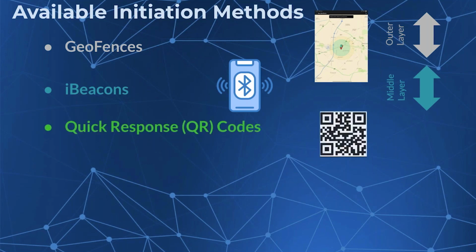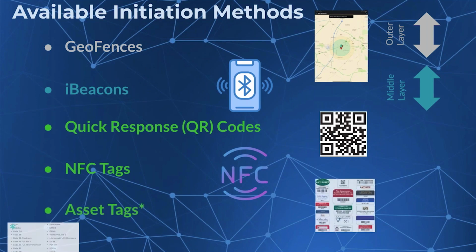Then you have quick response codes, which can be generated by Splunk or can be your own quick response codes, NFC tags, and also asset tags. If you've already got a large number of assets and you don't want to have to add a whole bunch of QR codes on top of that, then you can use the asset tags you already have.